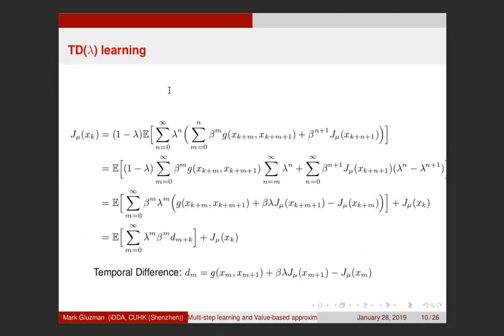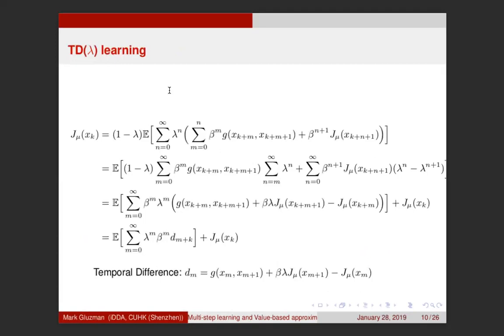Then on the left term, I need to add plus and minus g mu xk to get these temporal differences. Because as you can see, in the third line you have the sum from n equal to 0 to infinity.